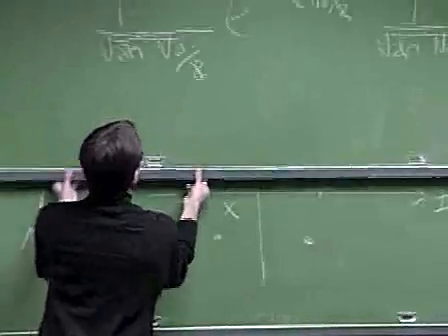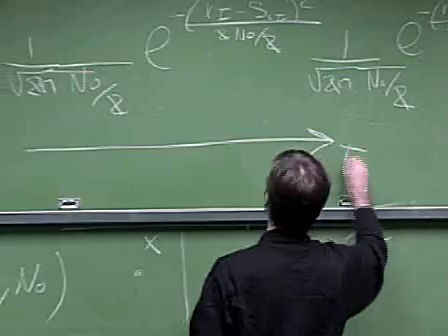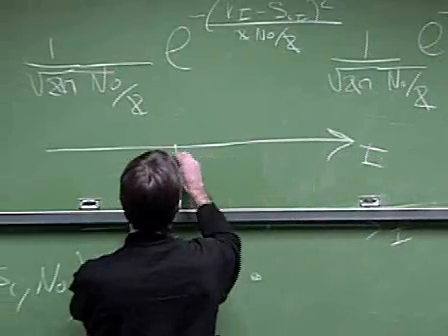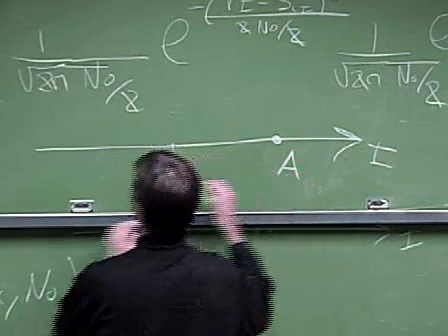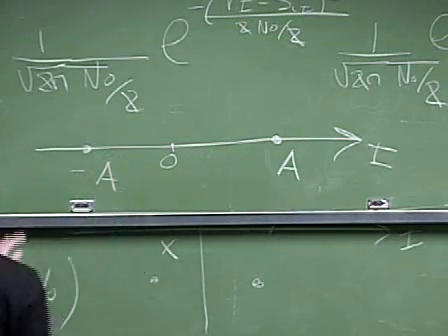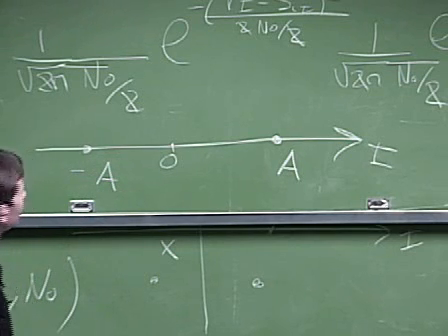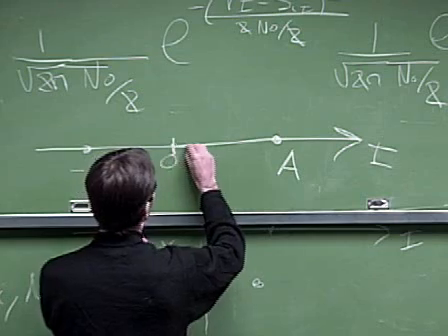So it's on a line. So there is no quadrature, there's only in-phase. This is 0. We have 2 points. One is here, capital A. The other is here, minus capital A.